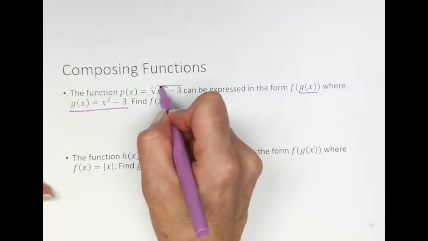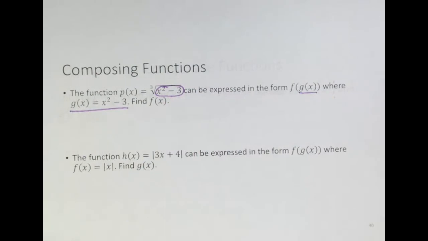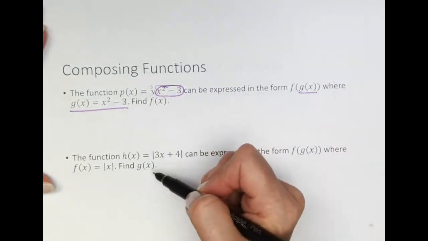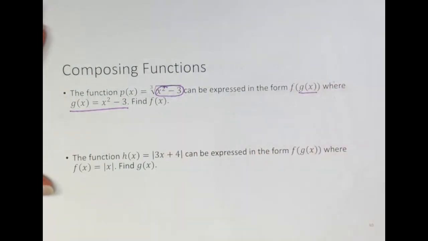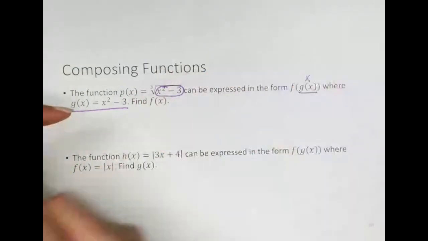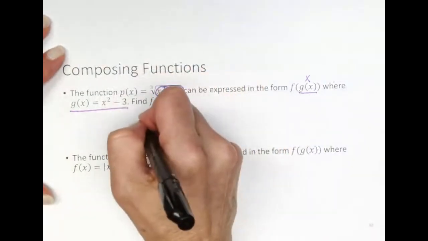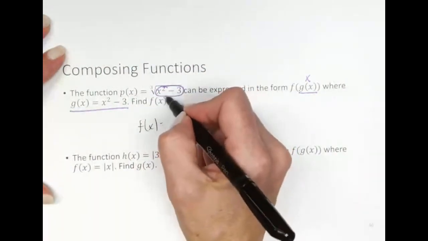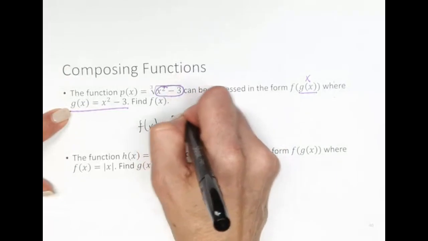Well, what would f have to be if g of x was just x? Another way of thinking about that: what's left after I take that out? If I replace that inside function, that g of x, with x, all I have is the cube root of x.